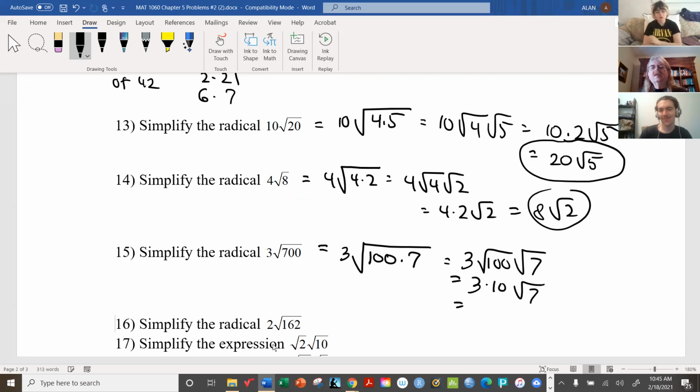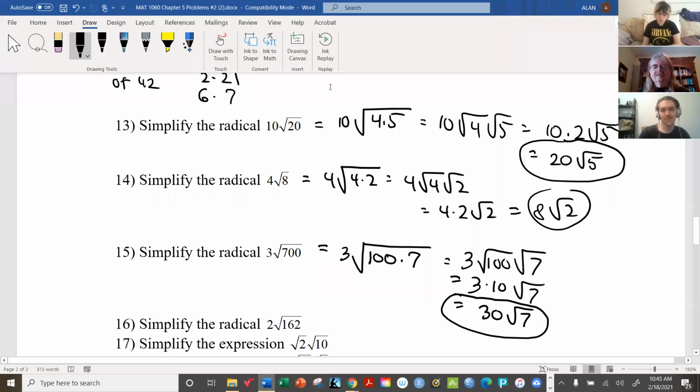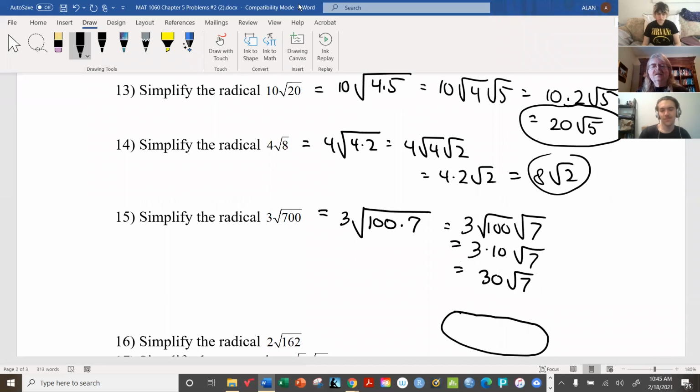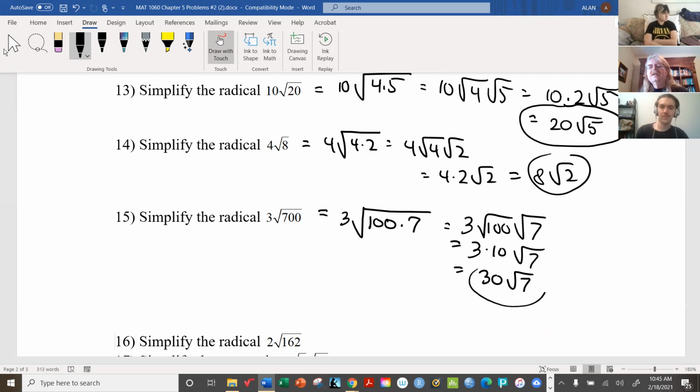And so we end up with 30 radical 7. Nice. Oops. Let me fix that. So that is the final answer, 30 radical 7. 7 is prime, and we can't go any further with it.